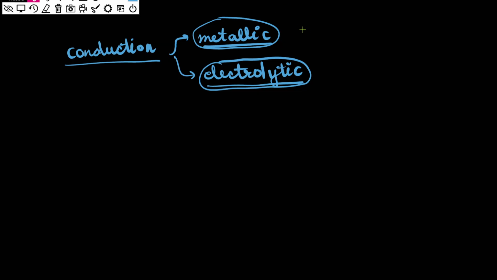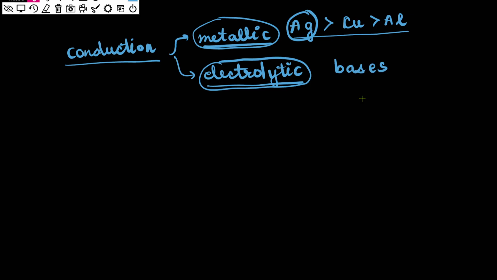So if I talk about metals, the highest conduction is by silver. Then we have the example of copper also. Then we have the example of aluminum also. Silver is also referred to as the best conductor of electricity because of this only. For electrolytic conduction, there are certain strong bases as well as certain strong acids.